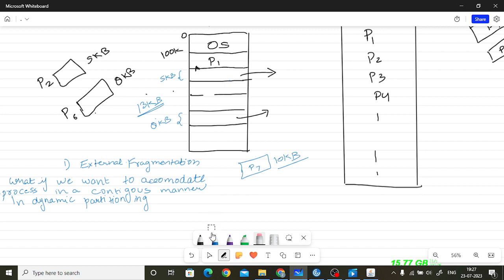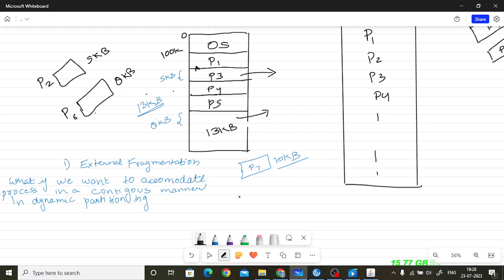Okay, we are pushing the processes P3, P4 and P5. So the amount of free space will be accumulated somewhere. Okay, so we have a total of 13 KB of free space here.